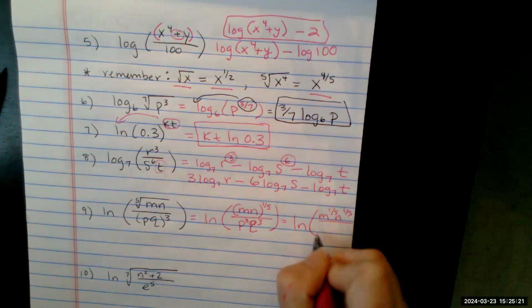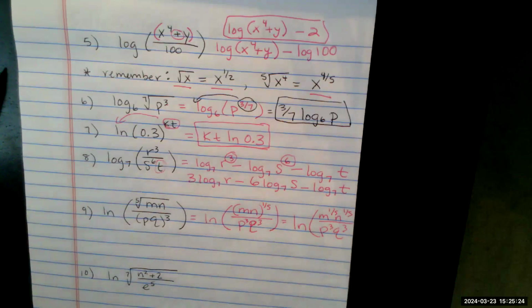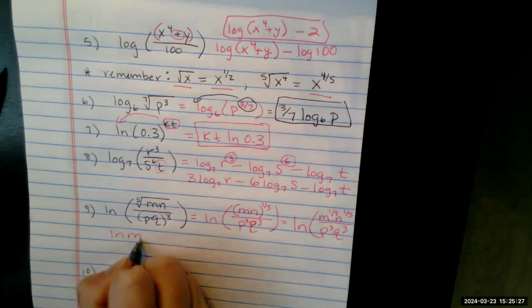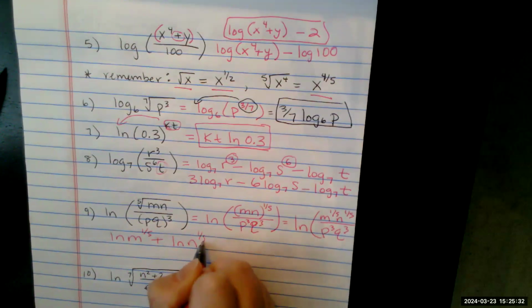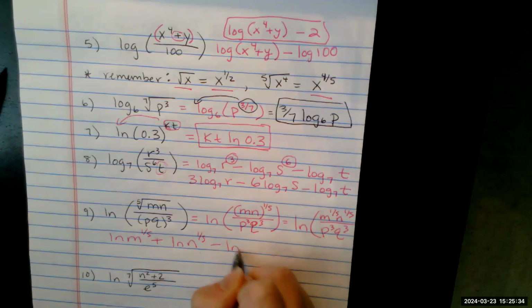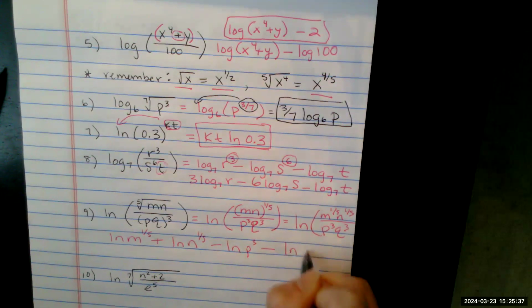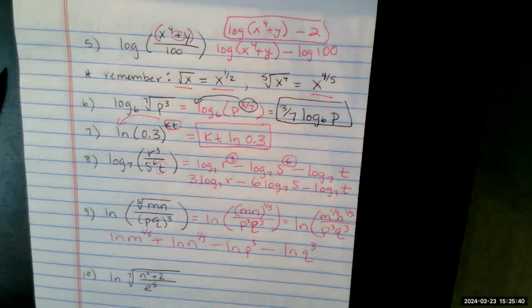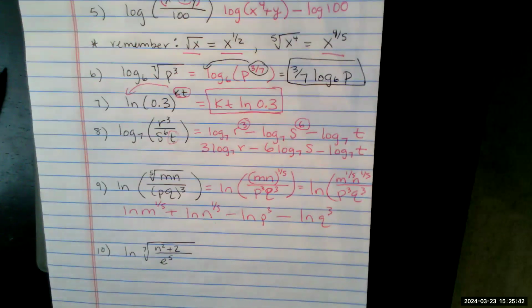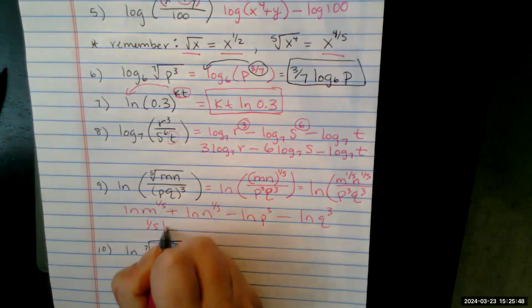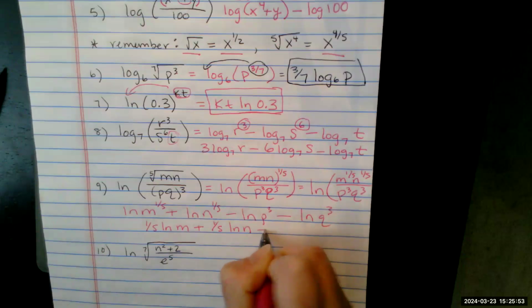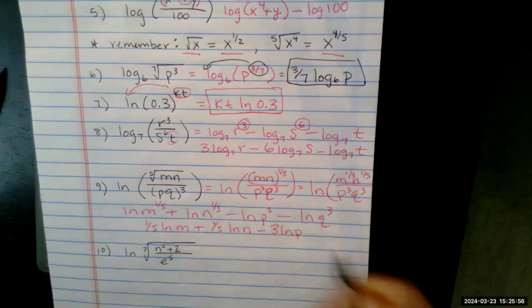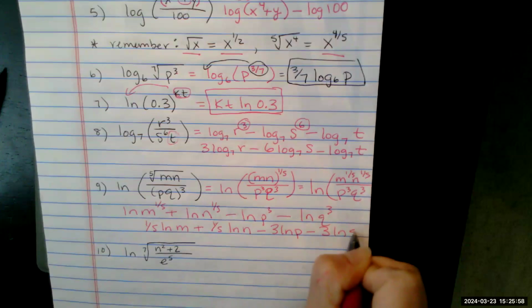So both of these have a 1/5, both of these have the 3. So ln m to the 1/5 plus ln n to the 1/5 minus ln p to the third minus ln q to the third. And so hopefully you're getting the hang of this, that we're now going to move those exponents out front. 1/5 ln m plus 1/5 ln n minus 3 ln p minus 3 ln q.